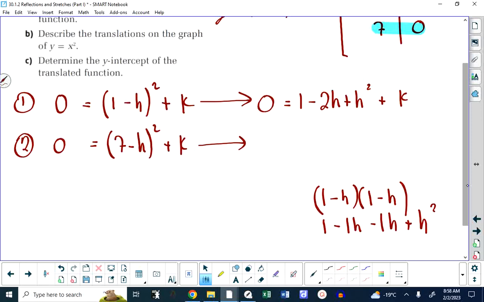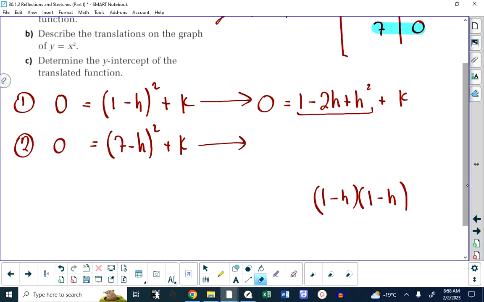But I'm saying to you that many of you, hopefully, can square this 1 minus h quantity squared to get this without writing anything else down. Most of you ought to be able to get what I've underlined by at least writing this down. Some of you may need to actually go first, outer, inner, last, and put it together on paper.